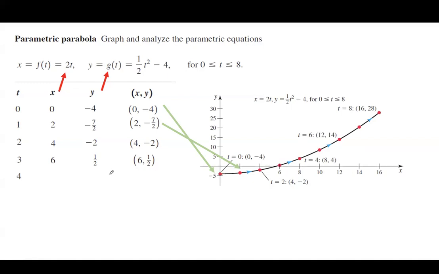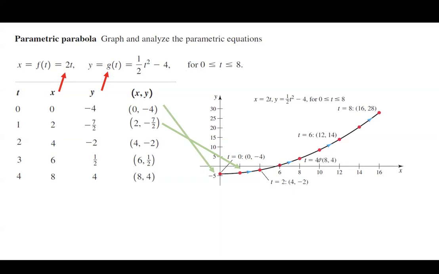Next point, t is equal to 4. x becomes 8 because it is 2 times t, and y is a half of 4 squared, minus 4, which is 4. So the next point is 8 and 4, and this is your next point down here.